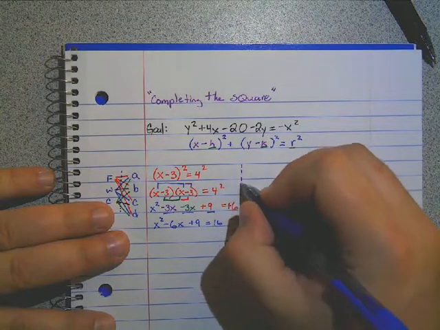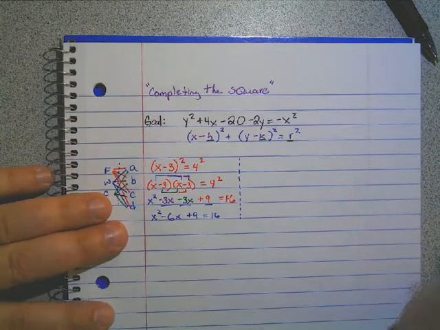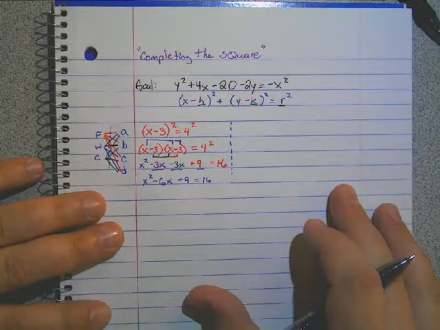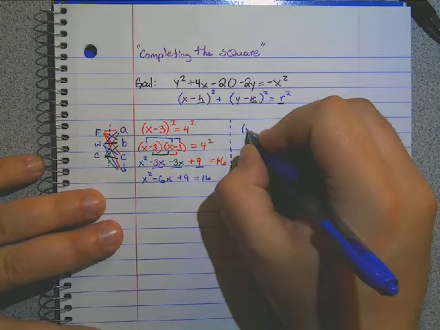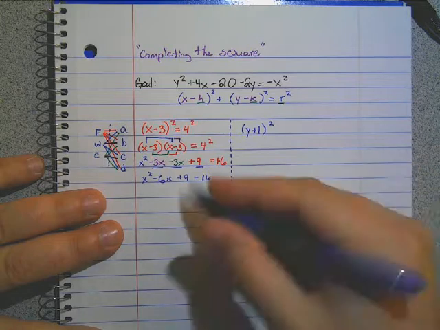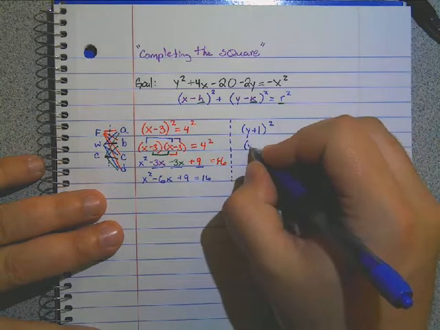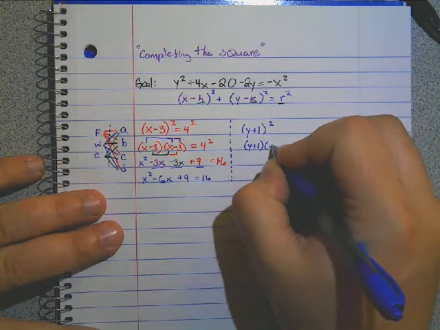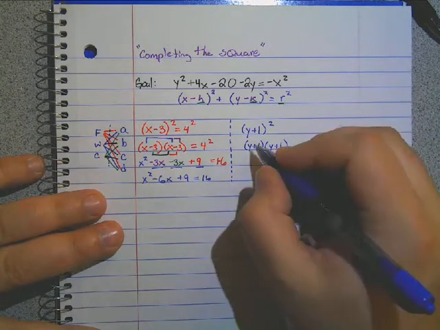Okay, what if I was to work another version of this? What if I was to do another problem? So how about on this problem, I'm going to do y plus 1 quantity squared. And let's forget the equals and everything. Let's just see what happens. So this is going to be y plus 1 times y plus 1.